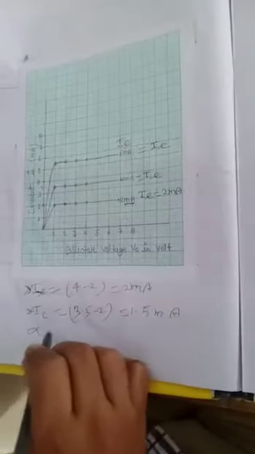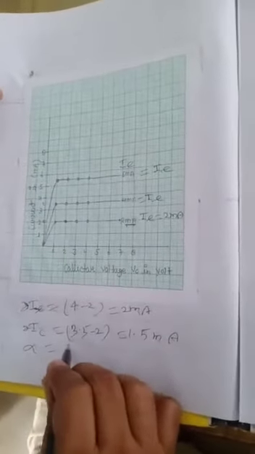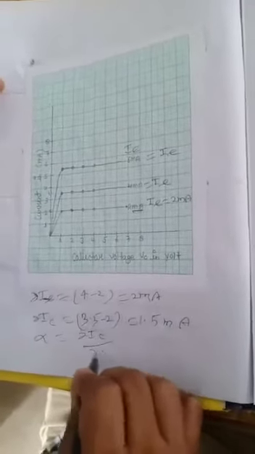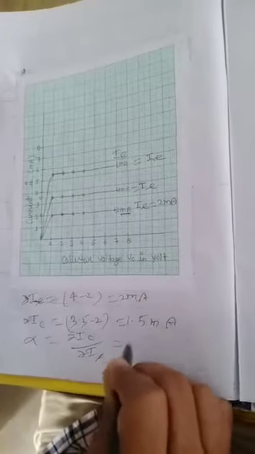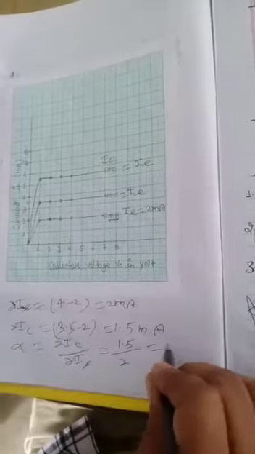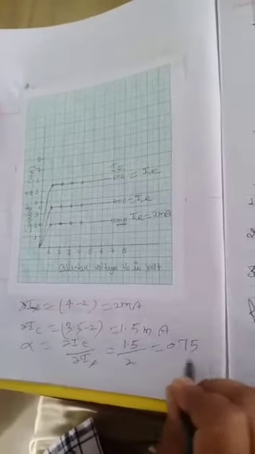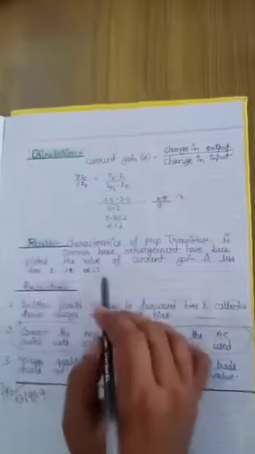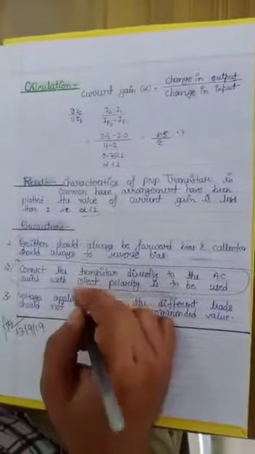Then alpha is equal to delta IC upon delta IE, which is 1.5 upon 2, which is equal to 0.75, which is less than 1. In this way we have calculated the value of alpha.